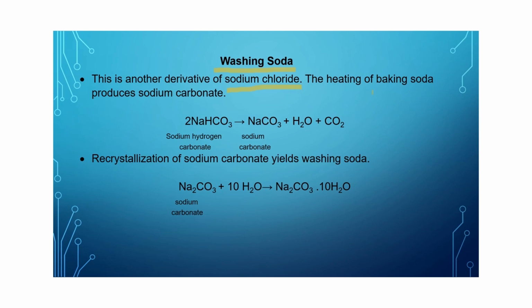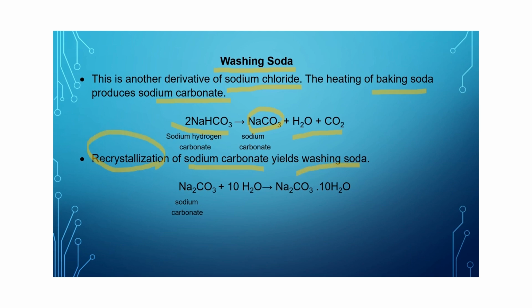The baking soda, when it is heated, produces sodium carbonate. Just now we have seen in the previous slide, when sodium hydrogen carbonate is heated, it breaks down to give sodium carbonate, water and carbon dioxide. Now this sodium carbonate recrystallizes to yield washing soda.